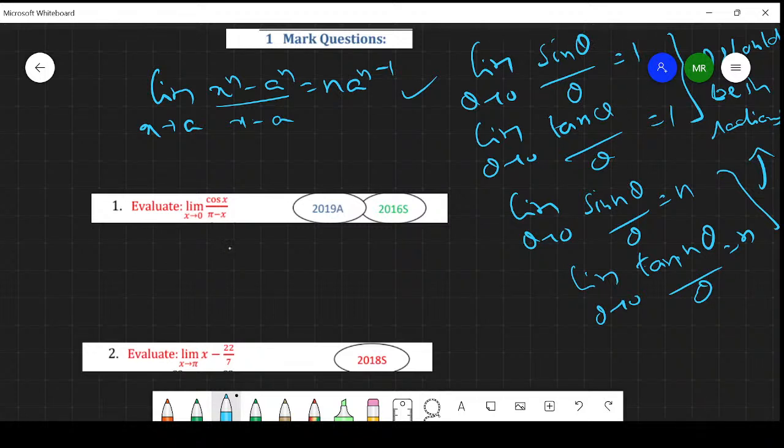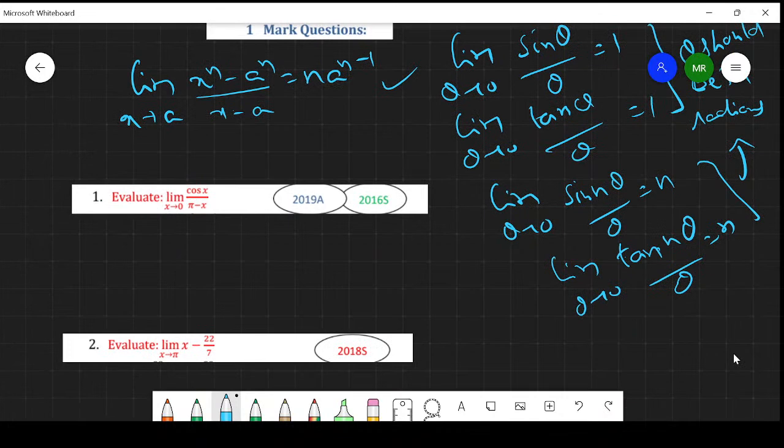Now come to this problem: limit x tends to 0, cos x by pi minus x. How to do this problem? If we substitute the limit and it gives a finite value, you can do it directly. Substituting, we get cos 0 by pi minus 0.